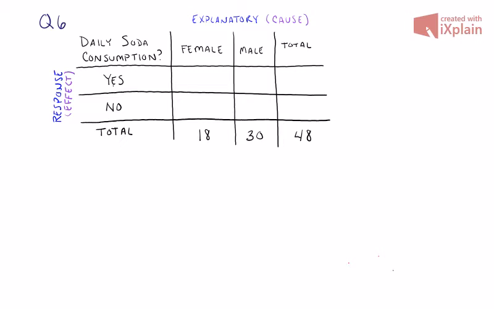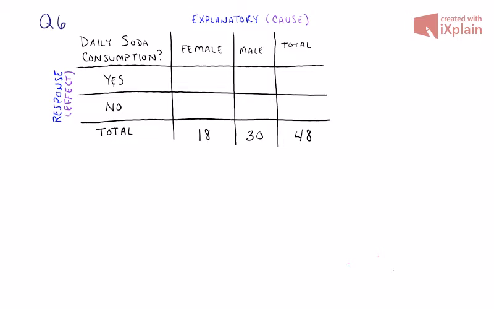So one of the things that I'm thinking of is, I know that they would be equally likely if, for example, 50% of the females are drinking soda daily and 50% of the males are drinking soda daily.